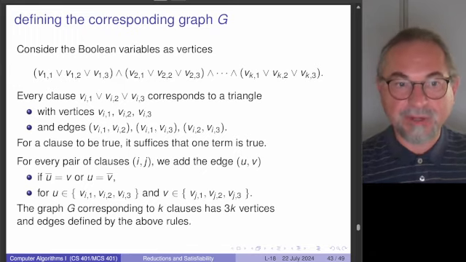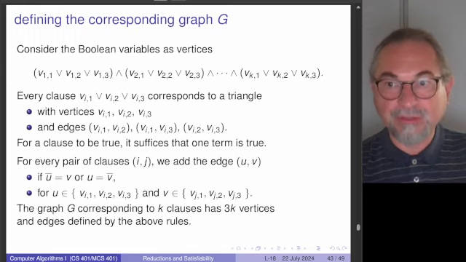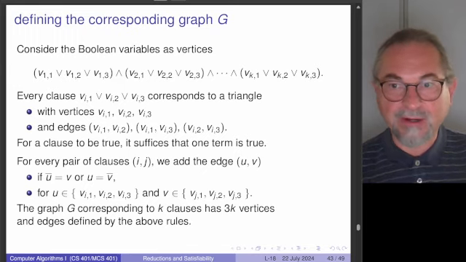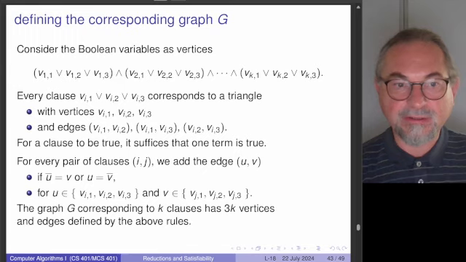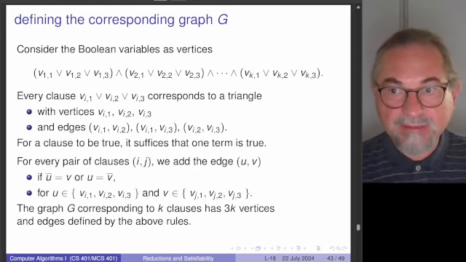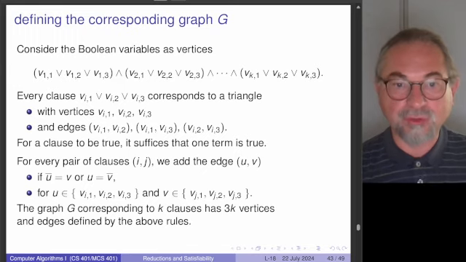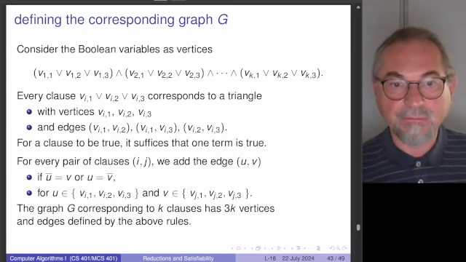So that actually implies if you have a pair of clauses, we add the edge between the nodes that correspond to the terms where the variables are negated. So the recipe is given here. What is defined here mathematically corresponds to an algorithm. So we have a recipe to connect the 3k vertices in this graph. We have rules.